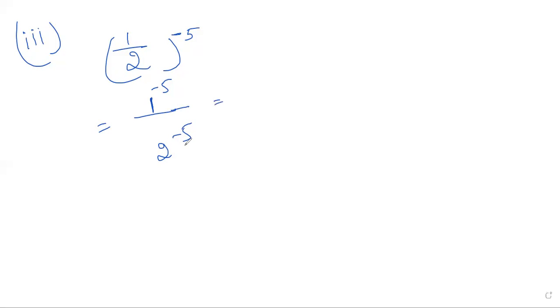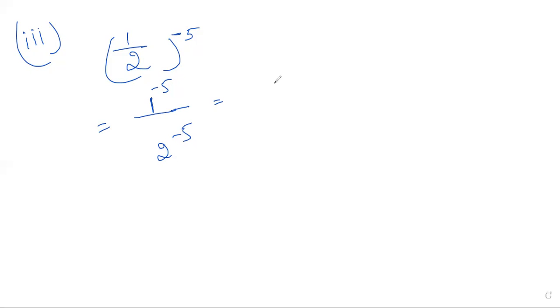Third one, 1 by 2 whole to the power of minus 5. That is equal to. See, how can you write this? 1 to the power of minus 5 and 2 to the power of minus 5. Right, children? See, if you bring it into the numerator, what happens?